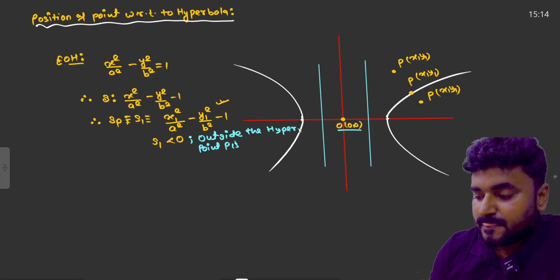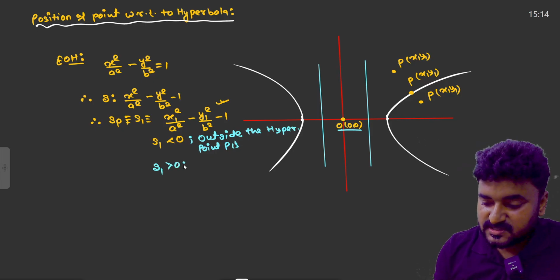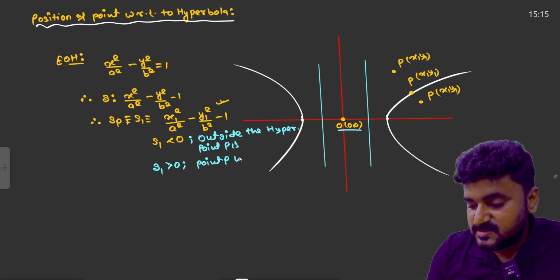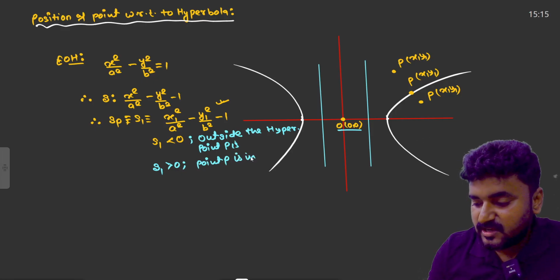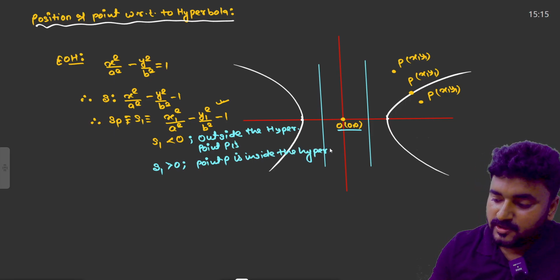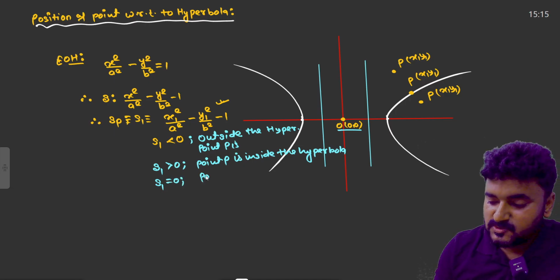Okay. Similarly, if S1 is greater than 0, then what will come? Point P is inside the hyperbola. And similarly, just suppose S1 equals 0, so what should I say?